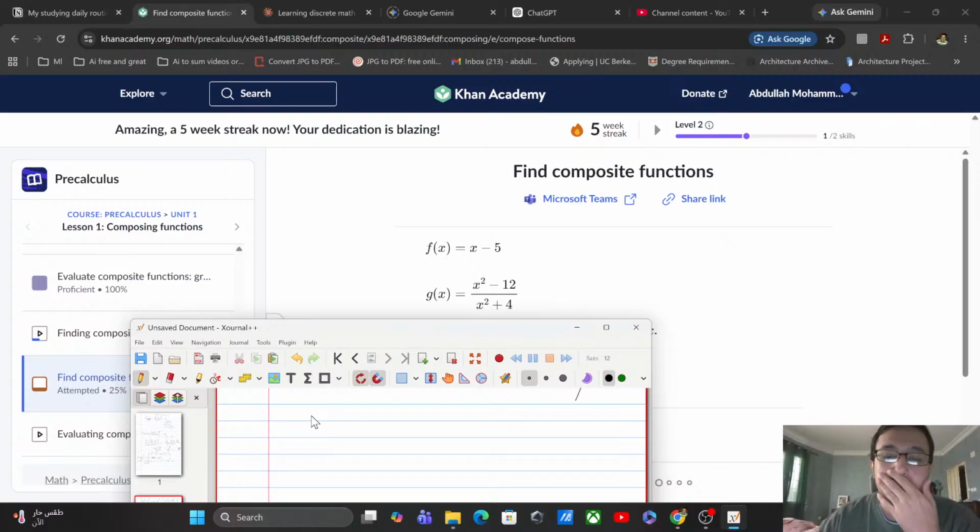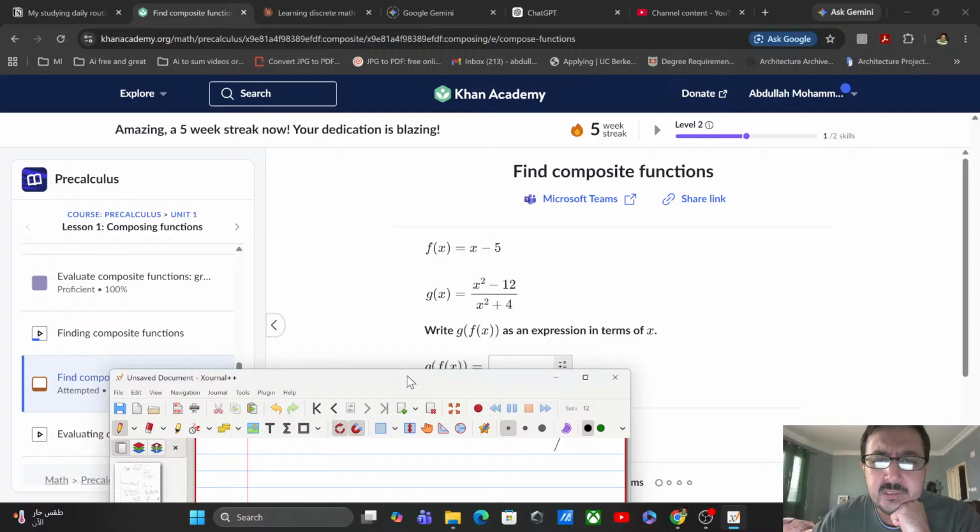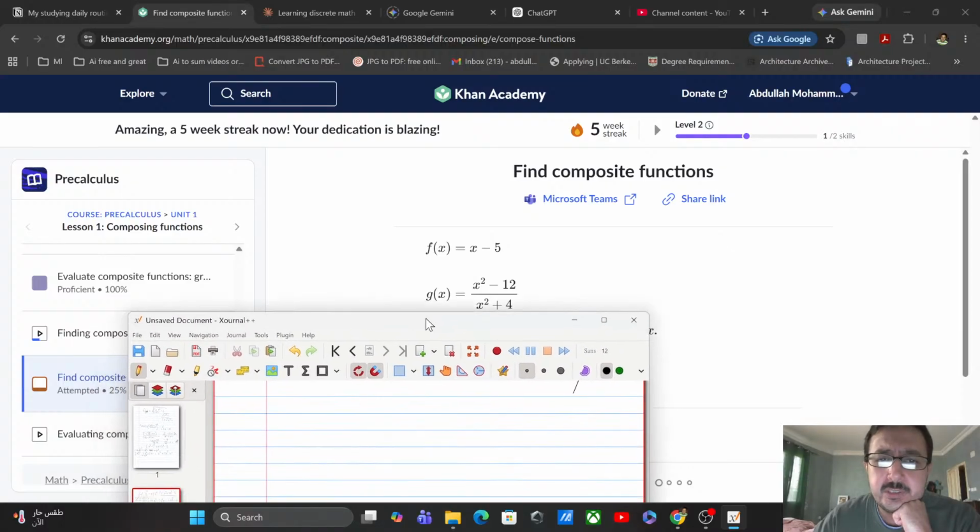I got, what does it want? G of f of x. G of f of x. So I got x minus 5 all squared minus 12, over x minus 5 all squared plus 4.